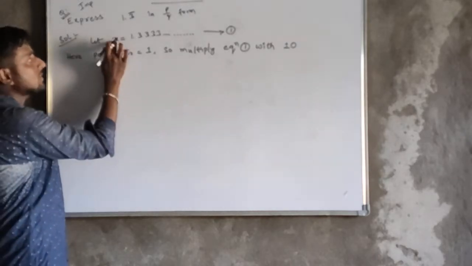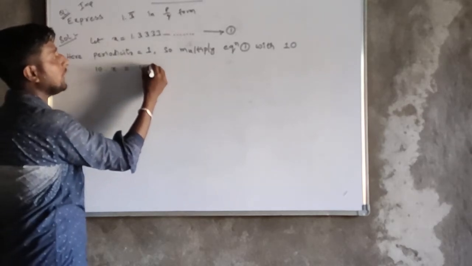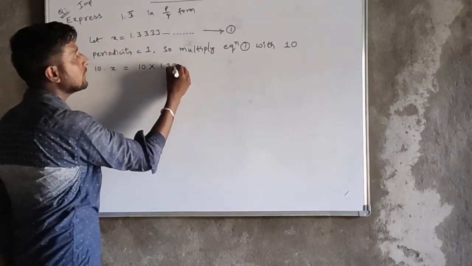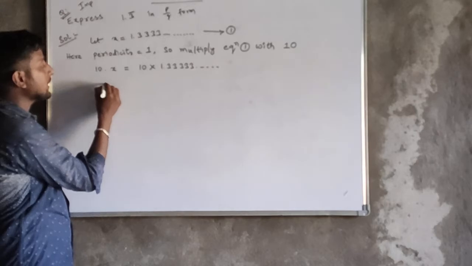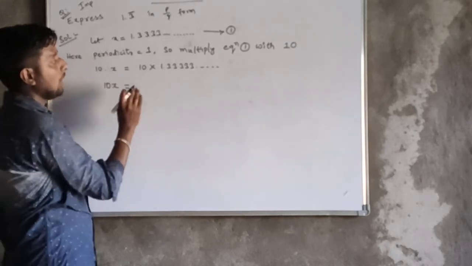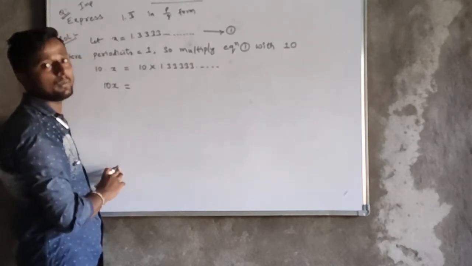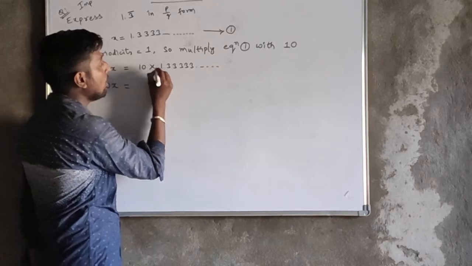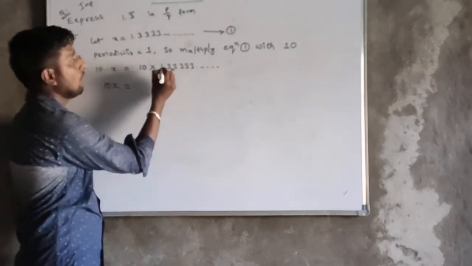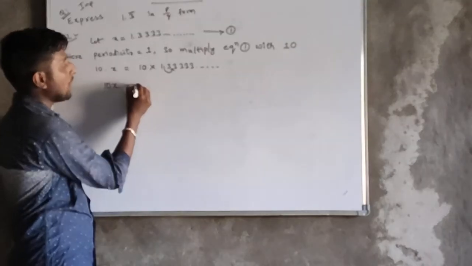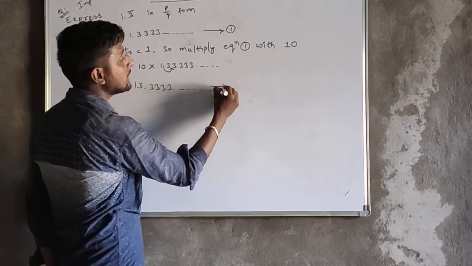First x, no? So 10 into x, next 10 into 1.3333 and so on. 10 into x I can write 10x. Simple. But when I multiply with tens, hundreds, thousands, the decimal moves to the right. The value will increase. Now here we have only one 0, so the decimal moves only one place, from here to there. Now the answer is 13.333 and so on. It's our equation 2.